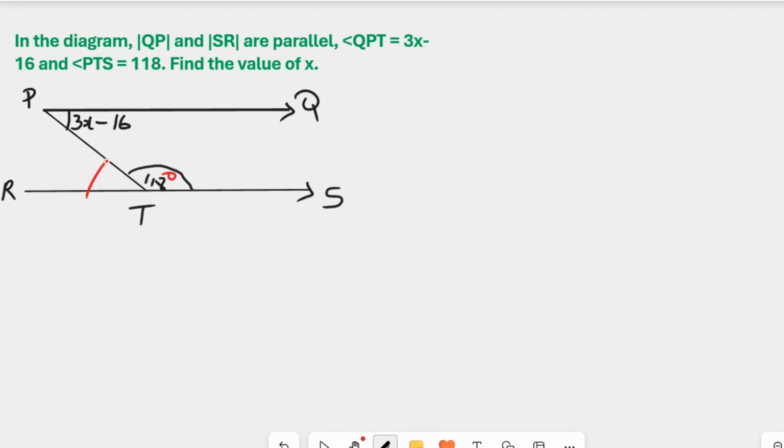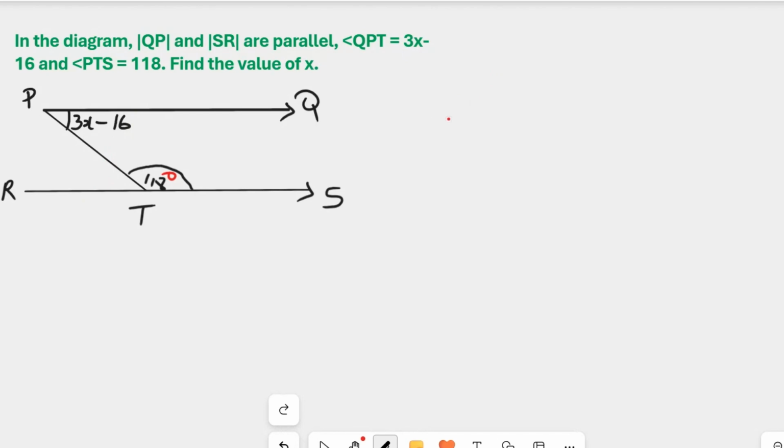This angle and that are angles on a straight line. After that, this particular angle and this one are alternate angles, and alternate angles are the same. So I can use that approach. But I want to use consecutive interior angles. If you want, you can also use the other approach to verify. So let's begin.